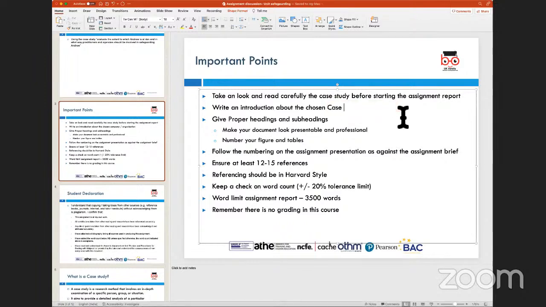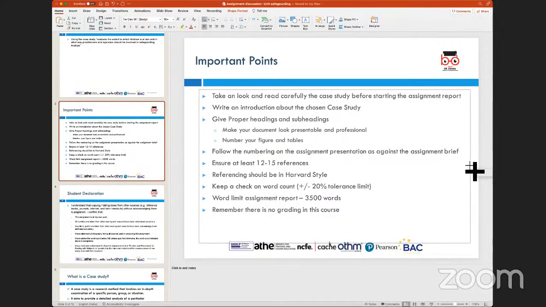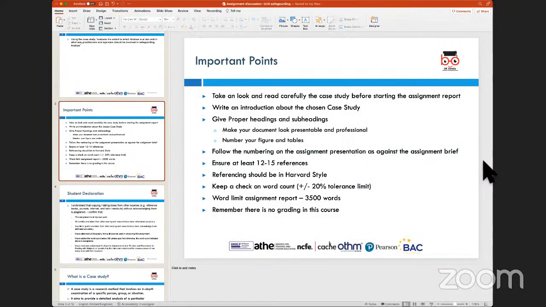Before you even get into writing the report, my suggestion is, as I mentioned, that you need to be able to read the case study. If you can't understand it the first time, read it twice, read it 3 times, 4 times, if required, read it 10 times. But what you should be able to find out from that case study is what, when, why, where, and what is the issue, what is the problem which is being asked to be discussed in the assignment.